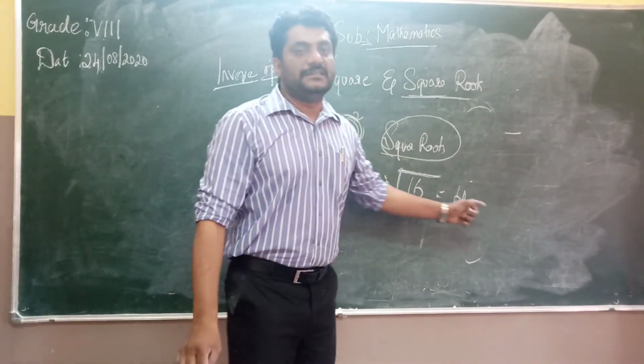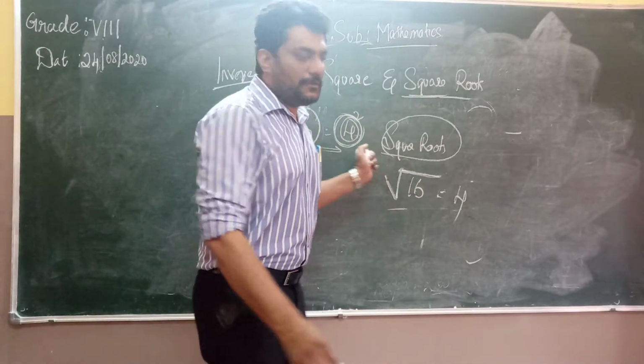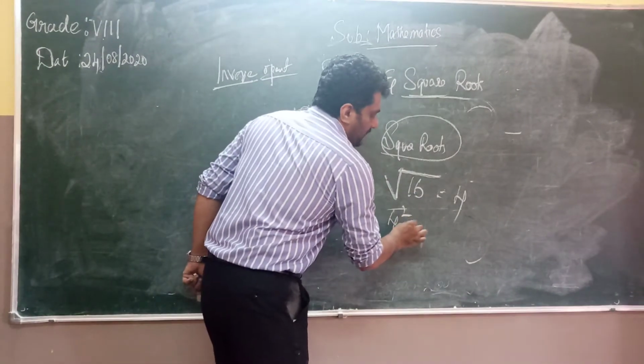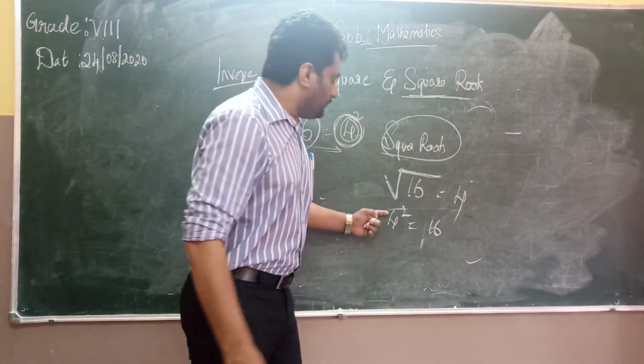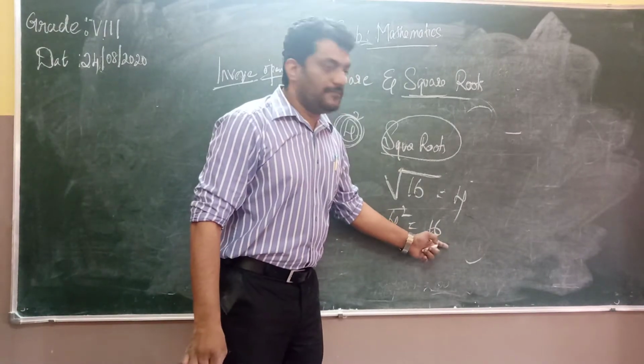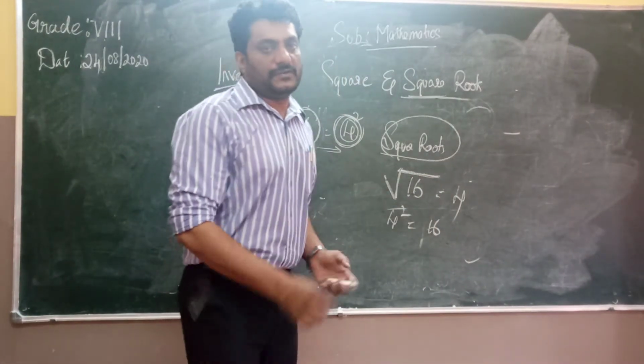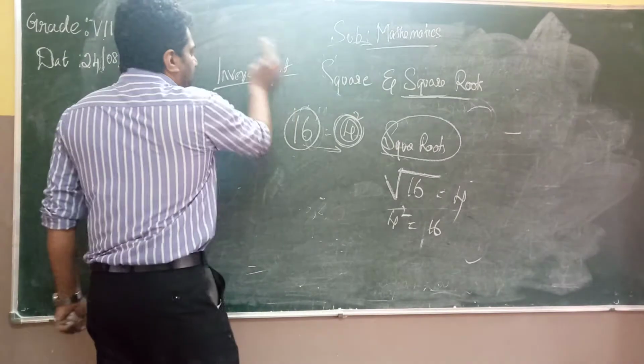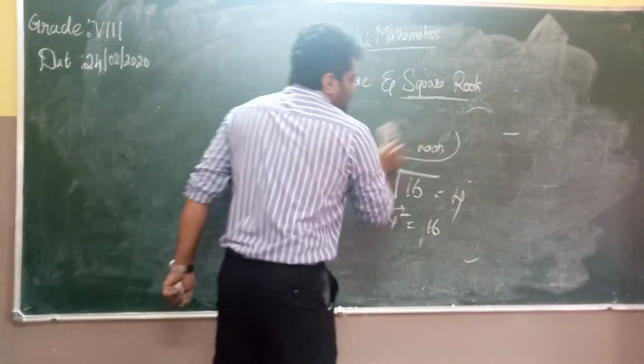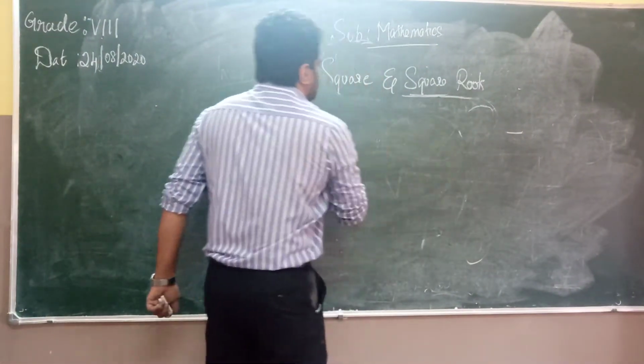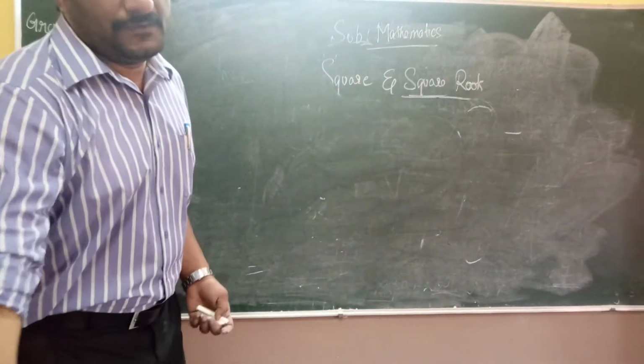Square root of 16 is 4. The reverse operation is 4 square is equal to 16. Square root is nothing but an inverse operation of square numbers to get the perfect number.